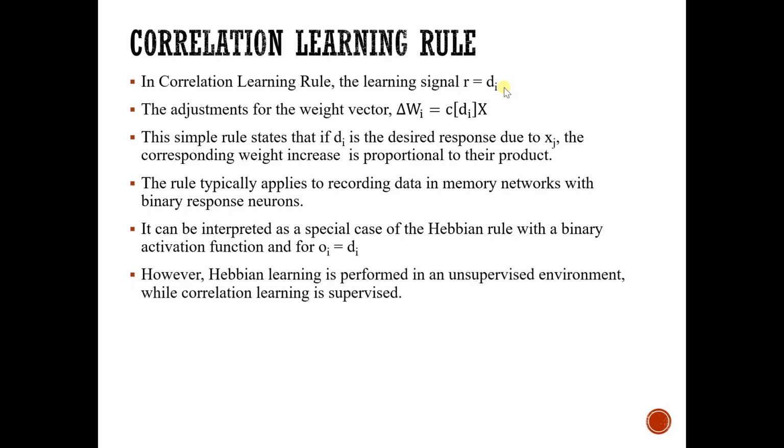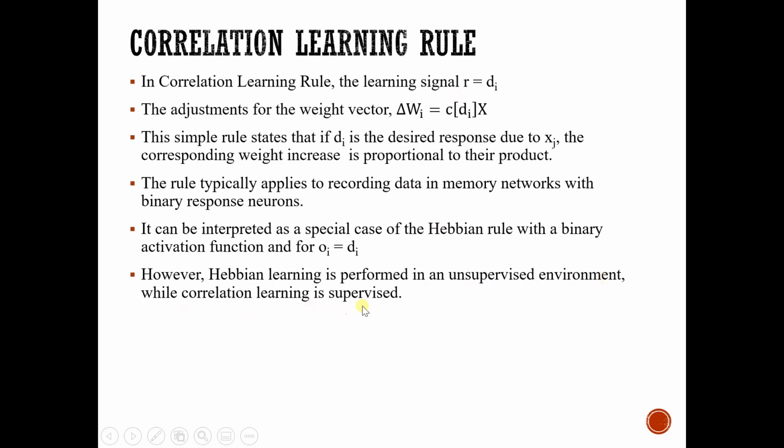Now, the difference between the Hebbian learning rule and the correlation learning rule. In the Hebbian learning rule, r is equal to o_i, the actual output, and the desired output is not taken into consideration at all. So it is unsupervised learning.